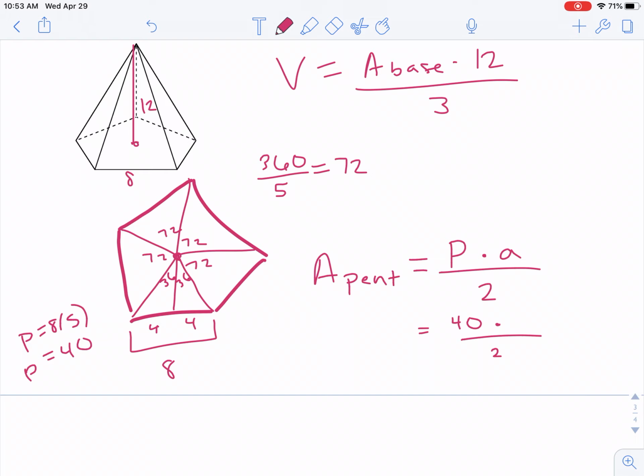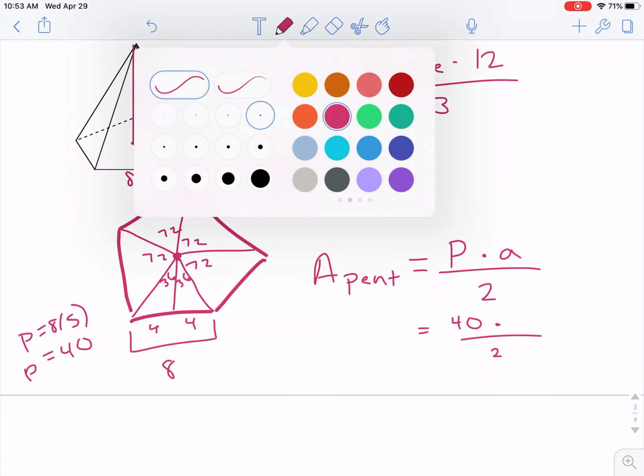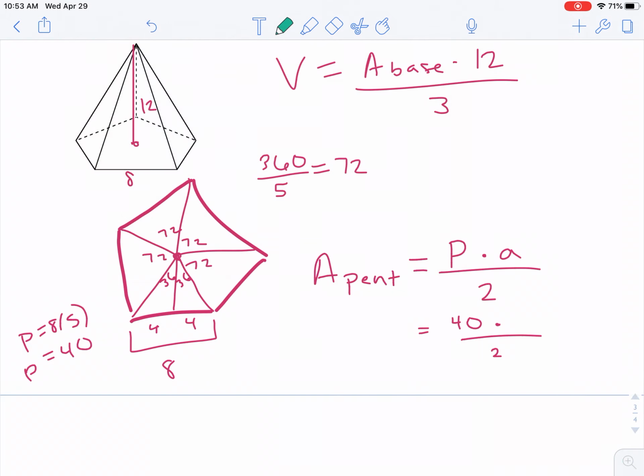We still need to know our apothem. So I'm going to set up some trig. Opposite 36 is 4. Adjacent is the apothem that we want to find. So I can say that tangent of 36 equals the opposite side, which is 4, over the adjacent side, which is the apothem, right?